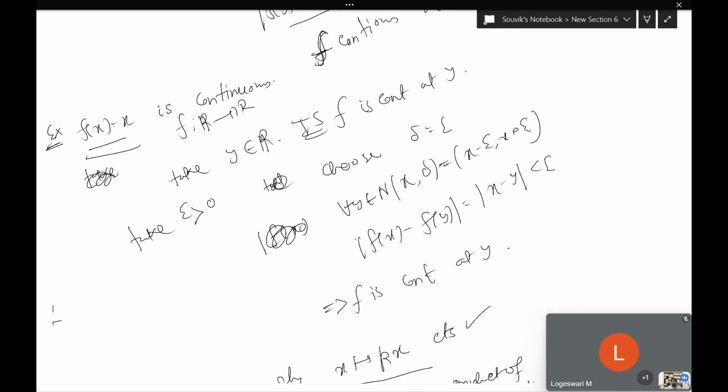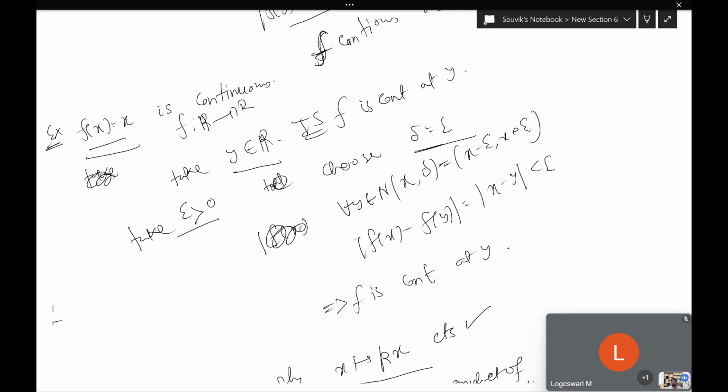Now f(x) equals x is continuous for x belonging to R. So how to show that this identity map is continuous? Choose a y belonging to R. Now choose delta equal to epsilon, and if we choose any point y in the delta neighborhood of x, then |f(x) minus f(y)| is less than epsilon.